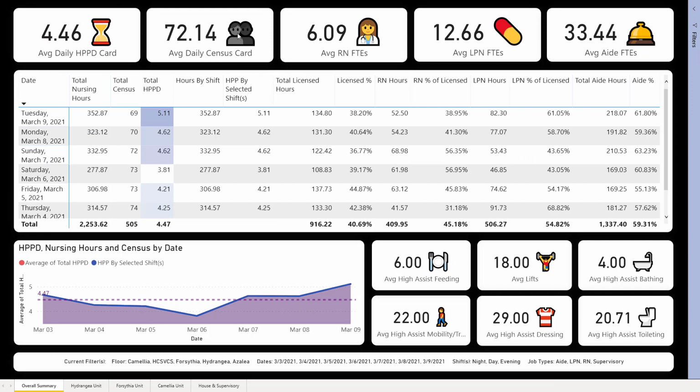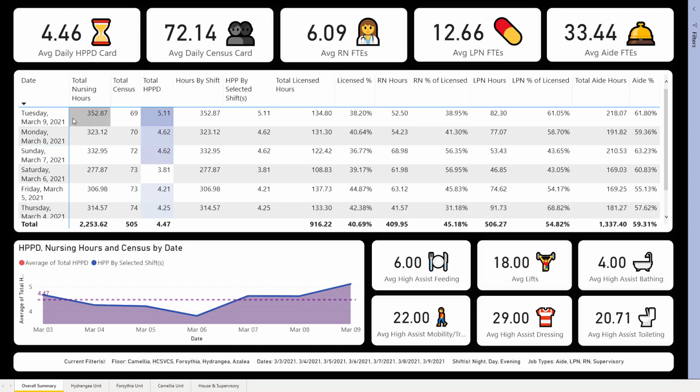This is the average daily census for that time period, and then you have the breakdown of the FTEs by job category for that period. So if you're tracking staffing levels and you need to know if you're falling in budget related to each of those job categories, this is a quick way to check if you're in line or not.